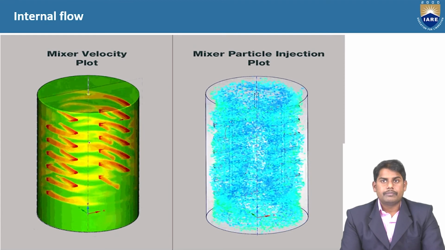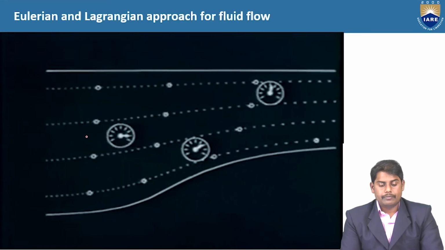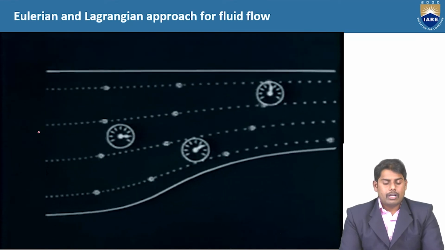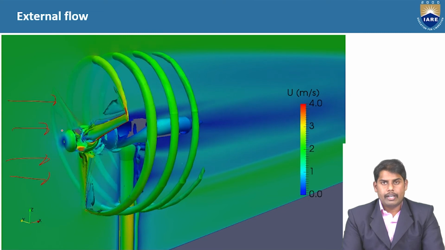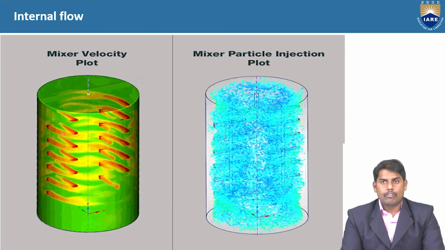So this is an example for internal fluid flow. So you have an external flow example and an internal flow example, and let's see what type of approach is used in CFD.